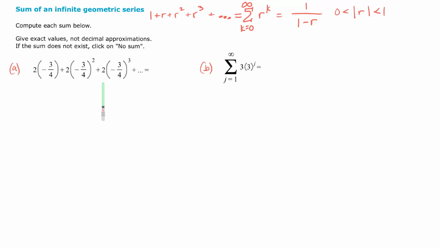There's actually a greatest common factor here. So instinctively, your algebra skill says factor out a 2 times negative 3/4. And then what is left? I'm actually going to draw it in a bracket.